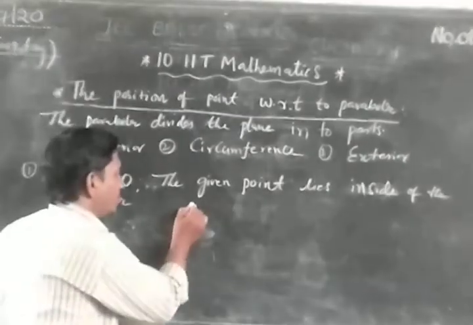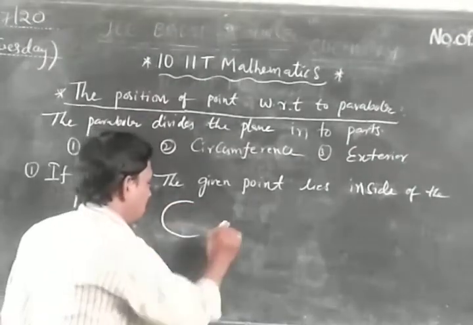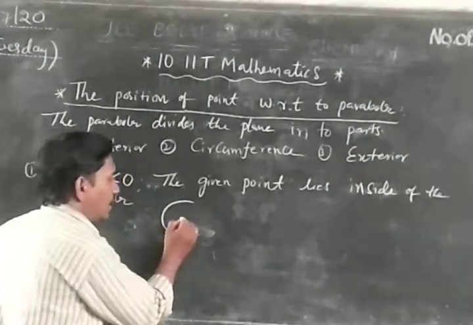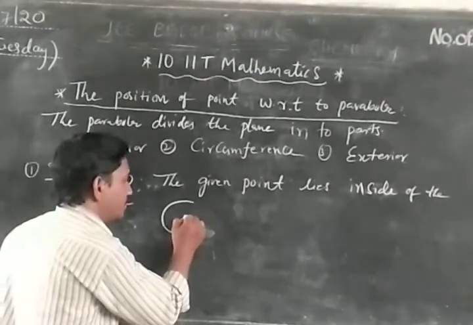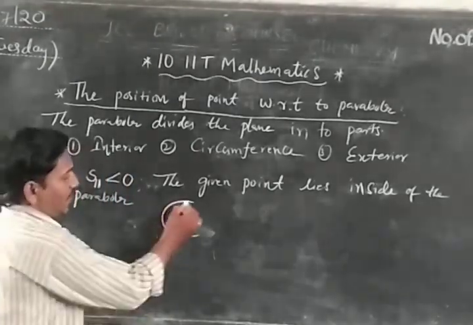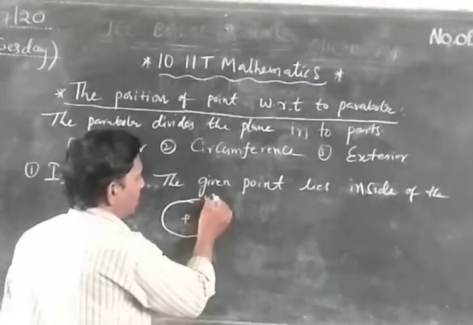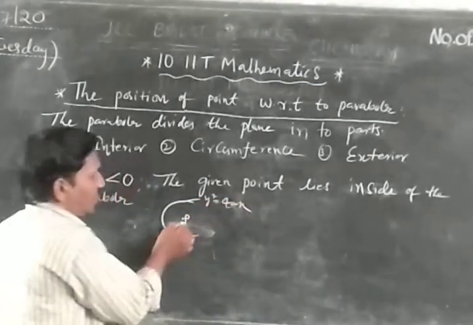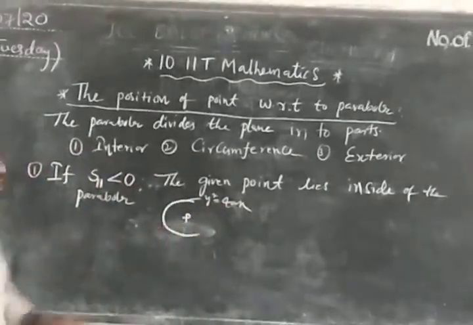That means this is a parabola, y square equal to 4ax. This is a point P. Where is the point? Inside of the parabola.